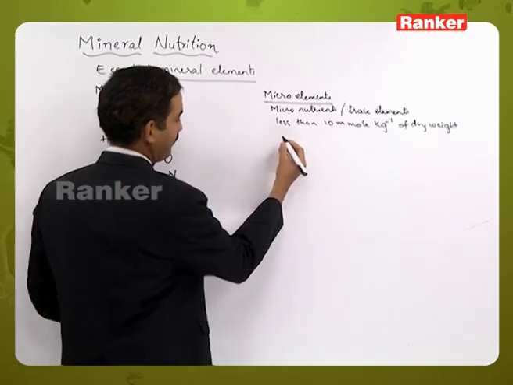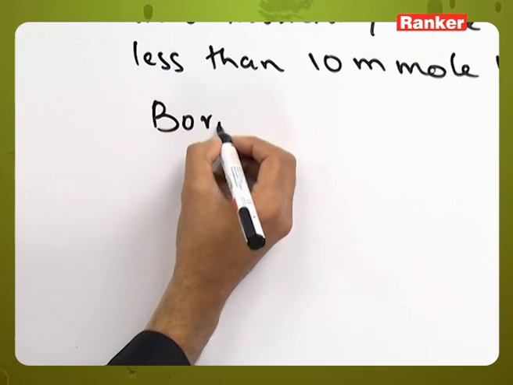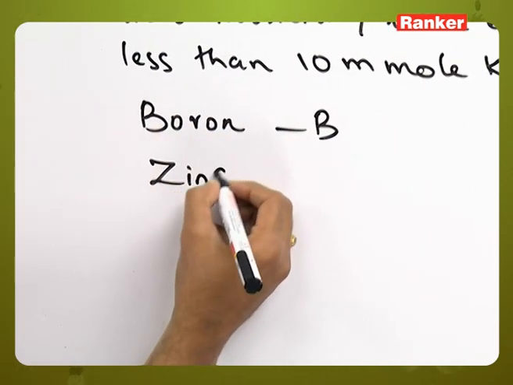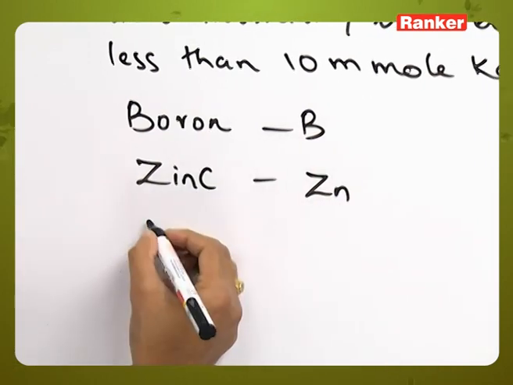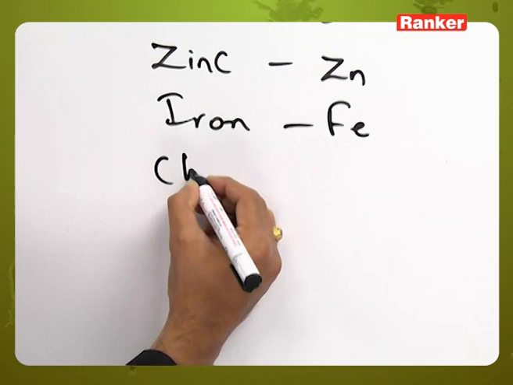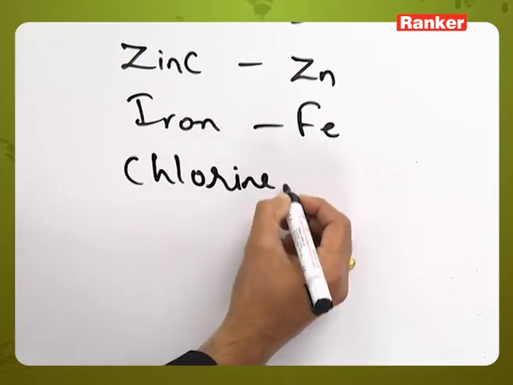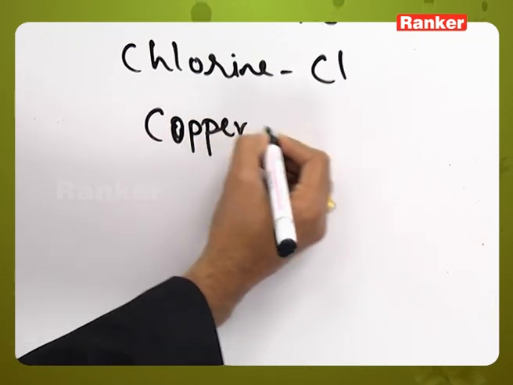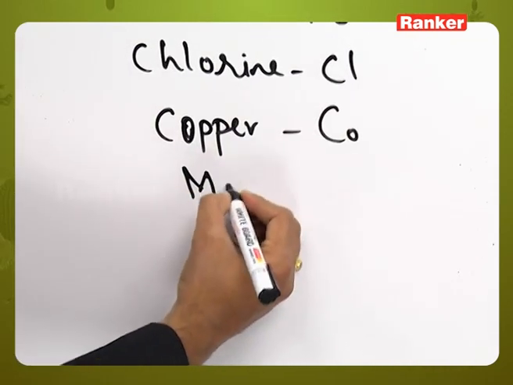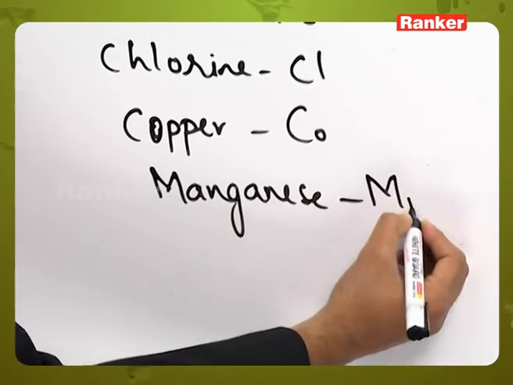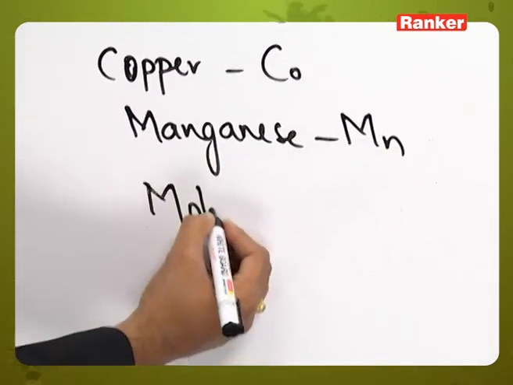And these are boron, zinc, iron, chlorine, copper, manganese and molybdenum.